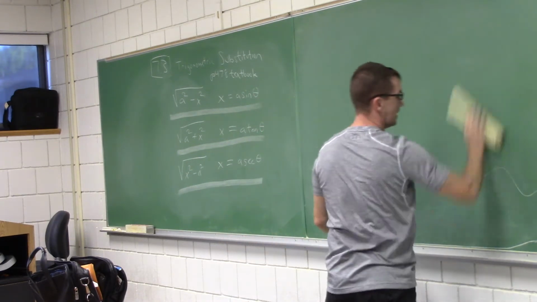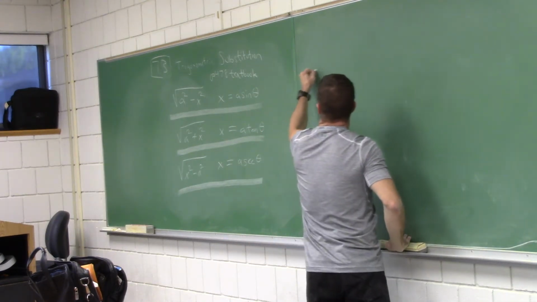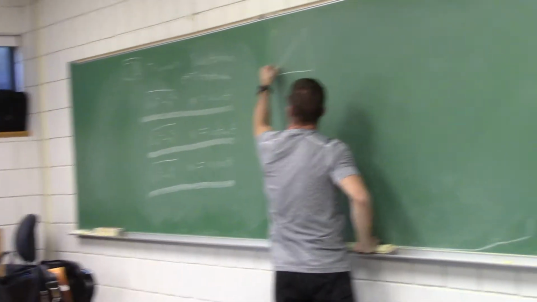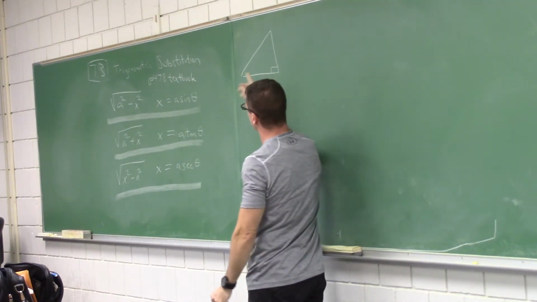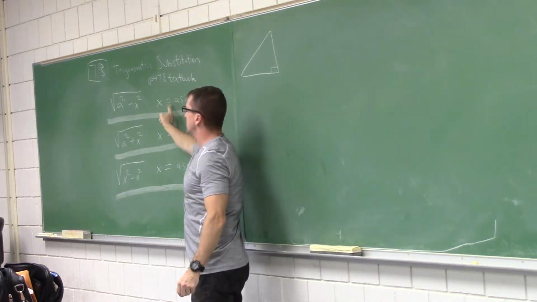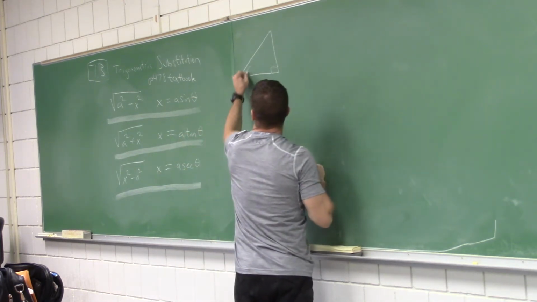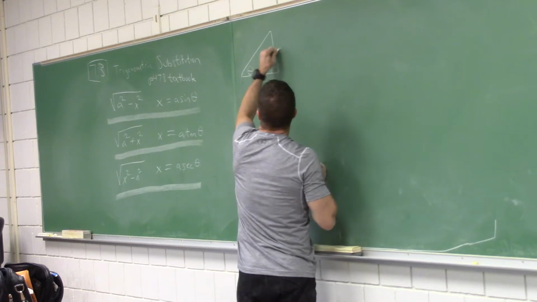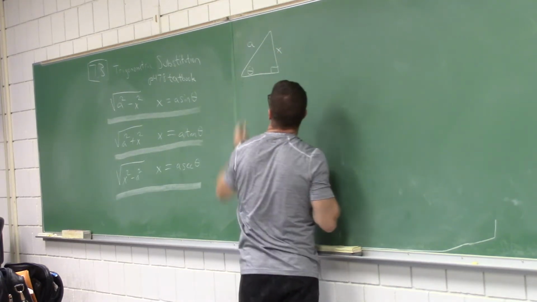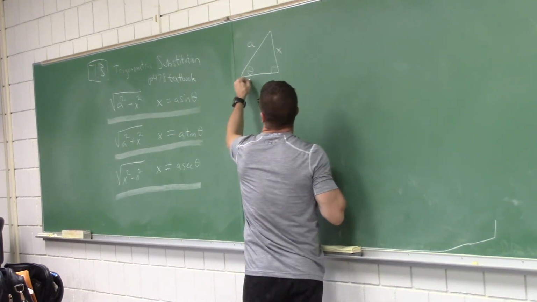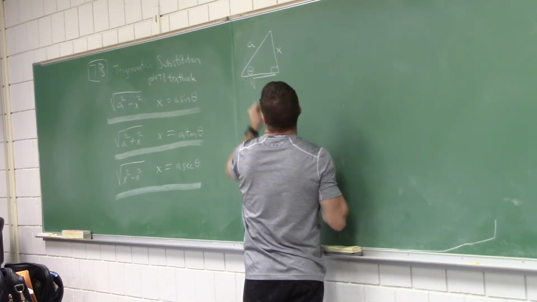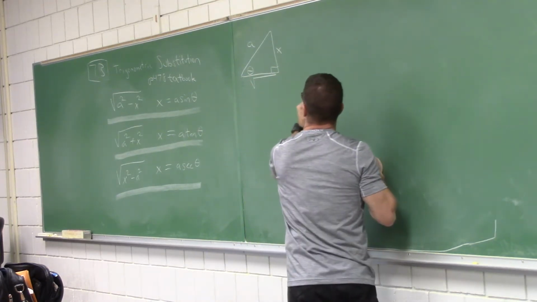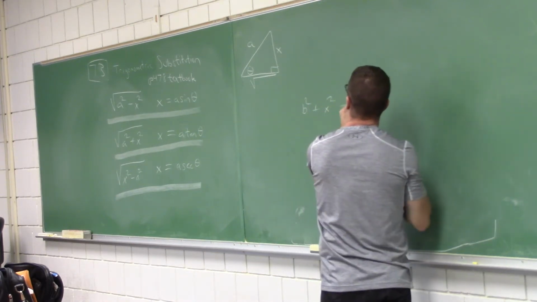I apologize for that last triangle. I want you to see these do involve triangles. So in this first case, sine of theta would equal x over a. By the Pythagorean theorem, b squared plus x squared equals a squared.